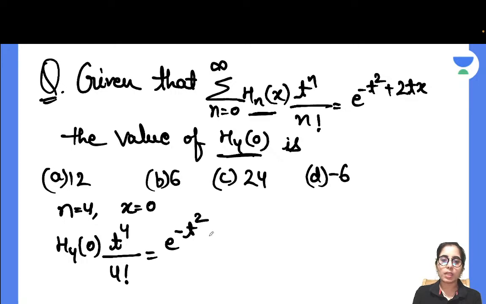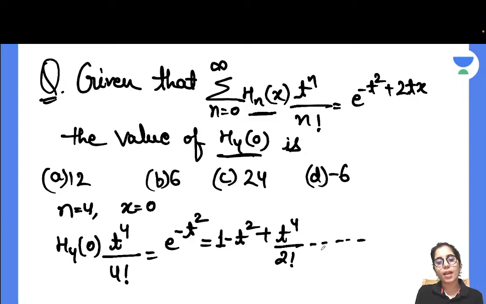And the x is 0, so this power's second term, which is 2tx, will become 0. So I'm not going to change that. Now I'm going to write the series expansion of the exponential, which will simply give you this. And now, what about the coefficient of t to the power 4 on both sides? It is 1 over factorial 4, which is 4 times 3, and factorial 2 will get cancelled out.